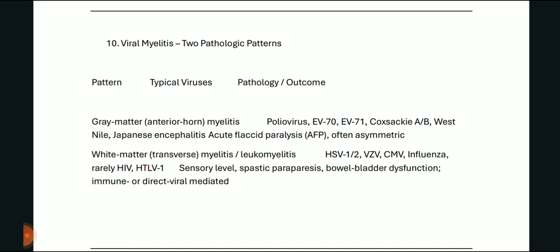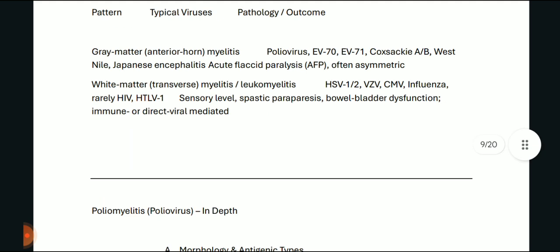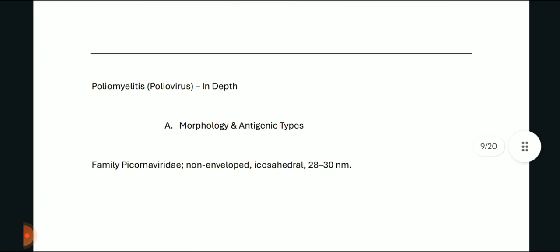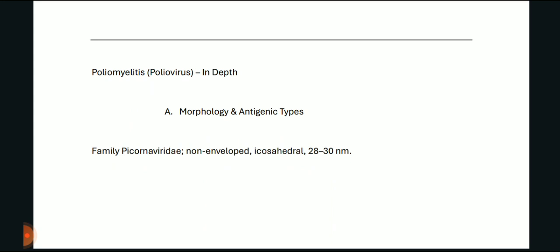This causes acute flaccid paralysis, often asymmetric. White matter or transverse myelitis or leukomyelitis is caused by HSV1, 2, varicella zoster virus, CMV, influenza, rarely involving HIV, HTLV1. This causes sensory level, spastic paraparesis and bowel bladder dysfunction. This can be immune or direct viral mediated. So this was all about the non-polio viruses.